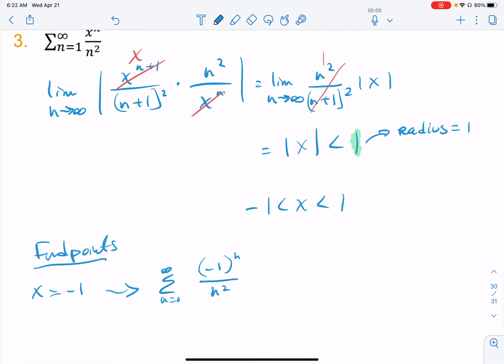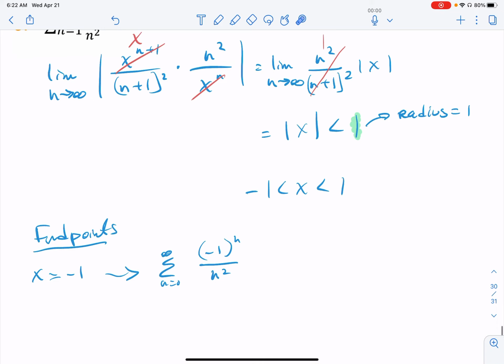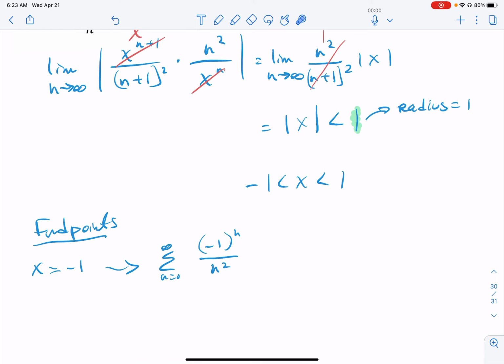All right. I can do a couple of things here. One of which is this thing looks like a power series here. And if you were just to take the absolute value of this, then it would be just 1 over n squared, which is a convergent P series.